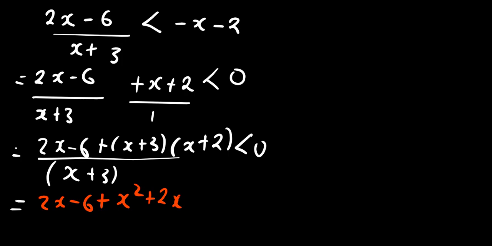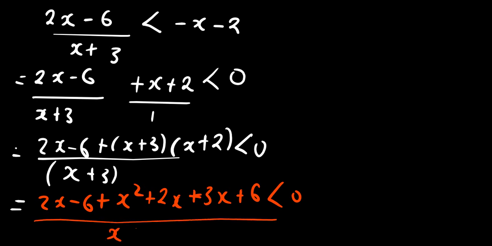Then you come to 3. 3 multiplied by everything in the bracket: 3 multiplied by x gives us 3x, 3 multiplied by 2 gives us 6. This should be less than 0, everything over x plus 3. Is there anything that we can cancel? Yes, you can cancel negative 6 and positive 6, so that gives us 0.